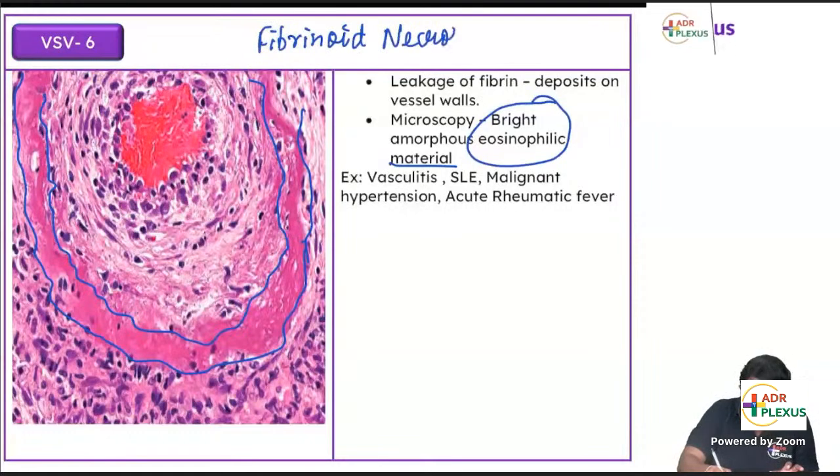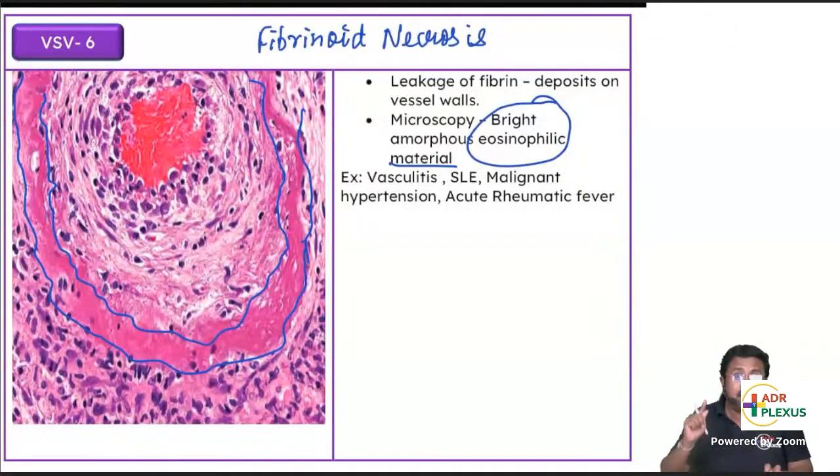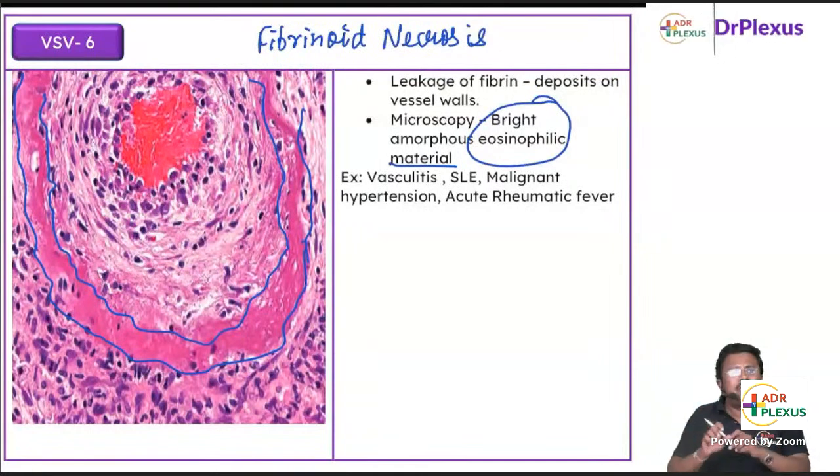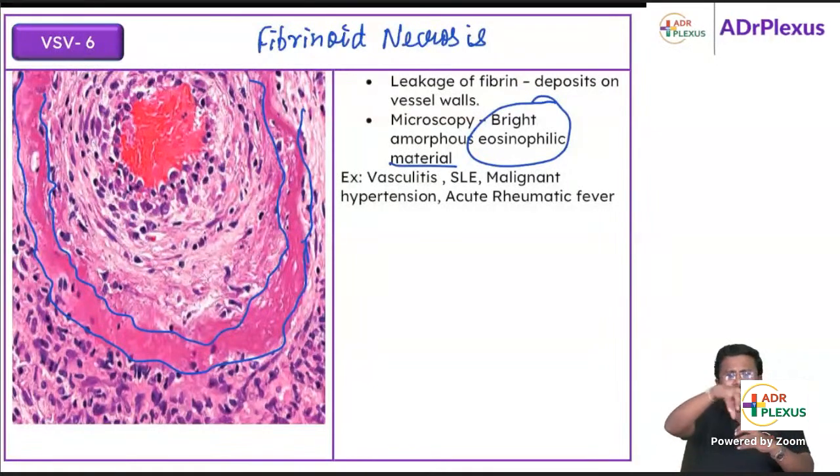Usually what you will be learning is epithelioid, like epithelium, but fibrinoid means it is fibrin only. Why is there fibrin deposited in the vessel wall? Imagine an immune complex disease, for example SLE, or any case of vasculitis. The antigen and antibody will join together, the antigen-antibody complex will form and be deposited in the vessel wall.